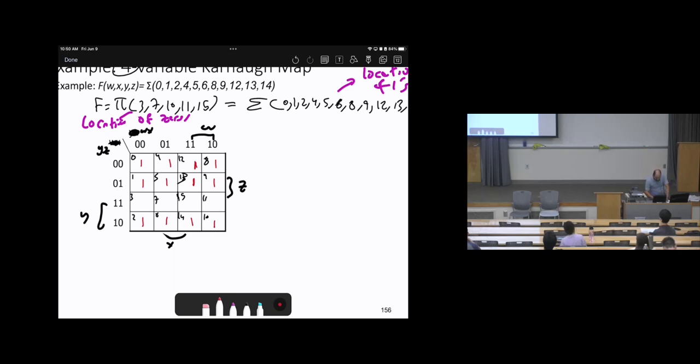Let's double check. 0, 1, 2, 4, 5, 6, 8, 9, 10. 10 is not included, I messed up with 10. 9, 10, 11. So we have 12, 13, 14.